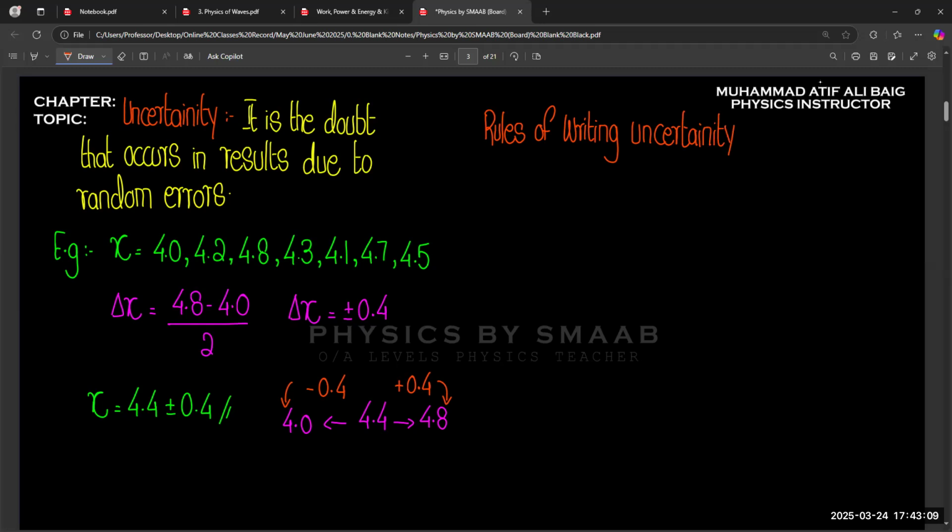So, basically, some values are original values. Like in our calculation, one part of the value is the original value that we call a real value or principal value. And the other part of the value is the uncertainty part of the calculation.